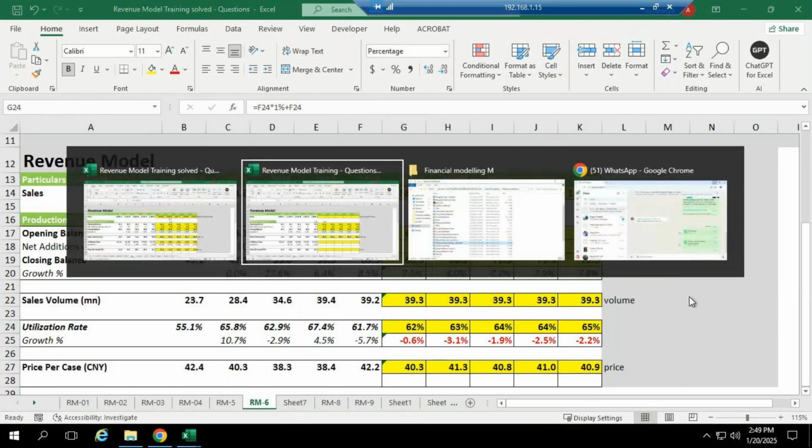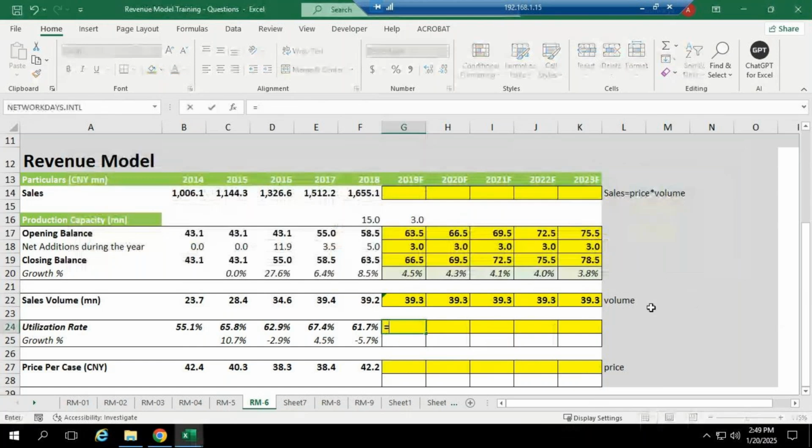So now is equal to this value. The bracket is not necessary here. Into 1 plus 1%.